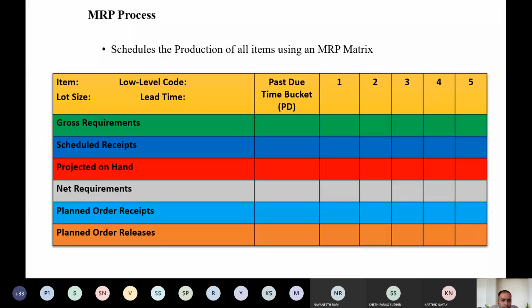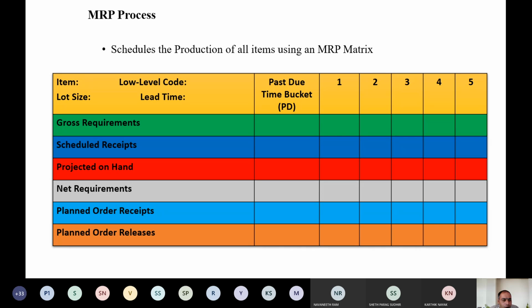If your car has 1000 parts, for those 1000 parts you will have 1000 MRP matrices, one MRP matrix for each component. Gross requirement tells you the actual requirement to build the product. How can you get the gross requirement? From the bill of materials. From the bill of materials, you will come to know, to manufacture one component, the actual required numbers. That is gross requirement.